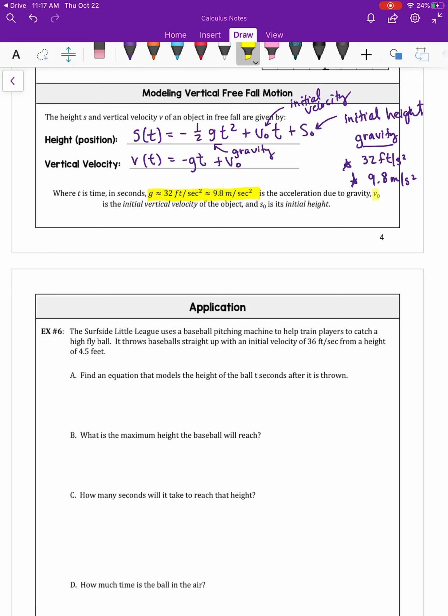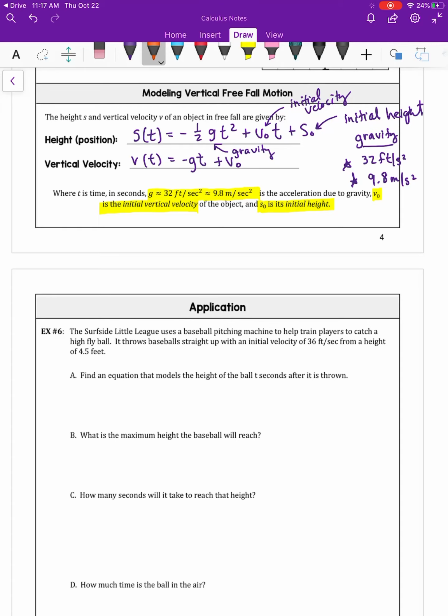And then it tells you that your v sub 0 is your initial vertical velocity of the object and your s sub 0 is your initial height of the object. So I guess I just did not need to write those, but I did anyway. Okay. All right, so now let's go on to our application problem.